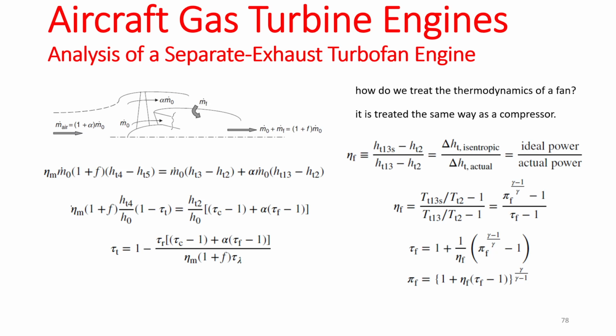As a function of the compressor properties and the fan properties, as well as your fuel to air ratio. So this equation is going to let you know how much expansion you're going to need to have inside the turbine when you include a fan in your system. Does it make sense? Okay.